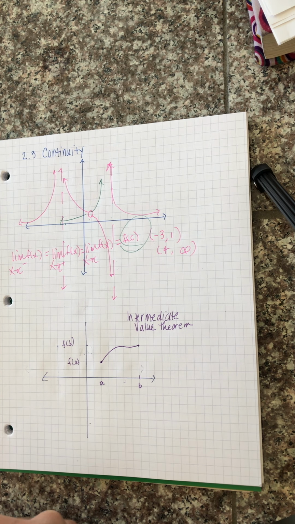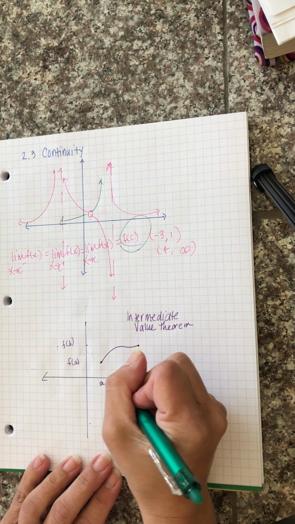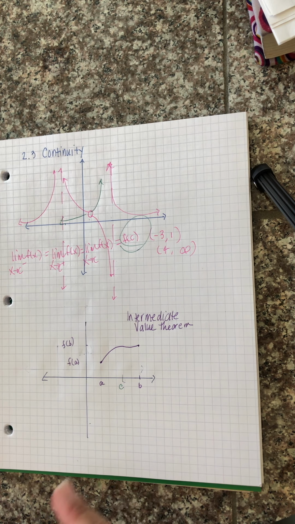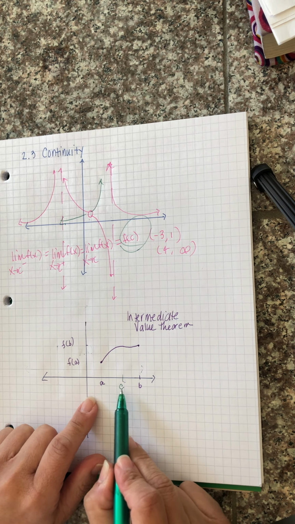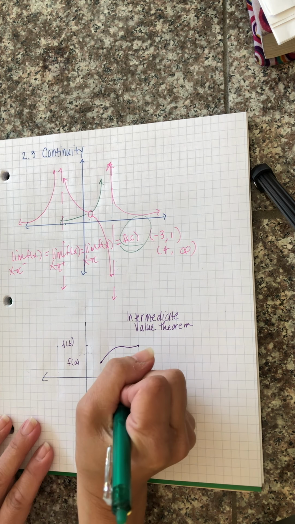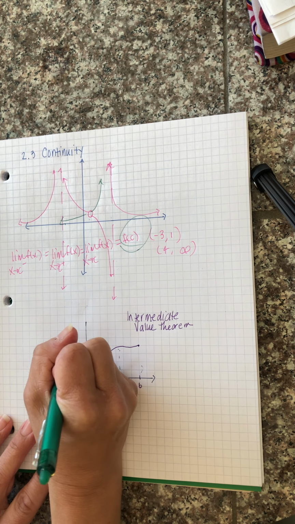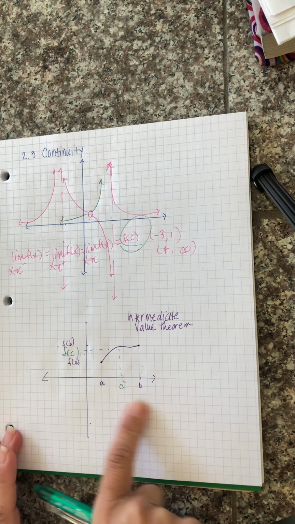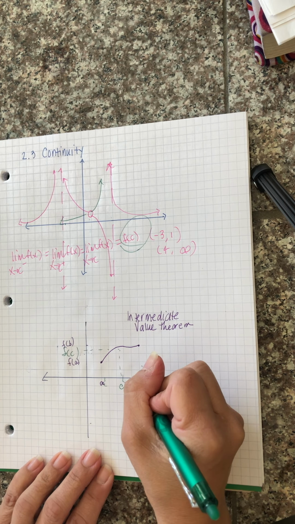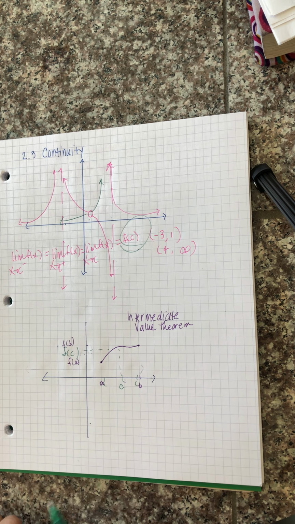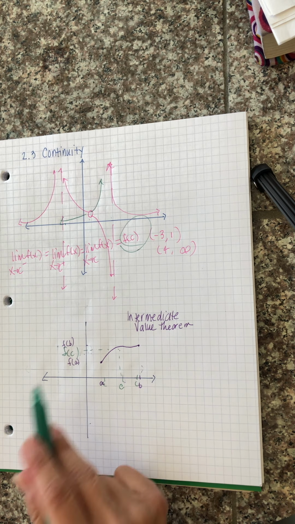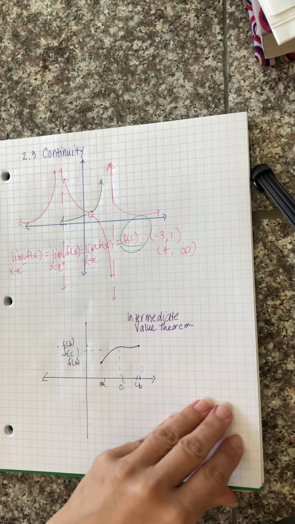In order to be continuous on that interval, there is some value C, which is in between A and B, hence intermediate. No matter where that value of C is, its exact value exists. So for any point C between A and B, maybe C is here, maybe C is there, for every value that you pick for C, the exact value must exist, and that's the intermediate value theorem.